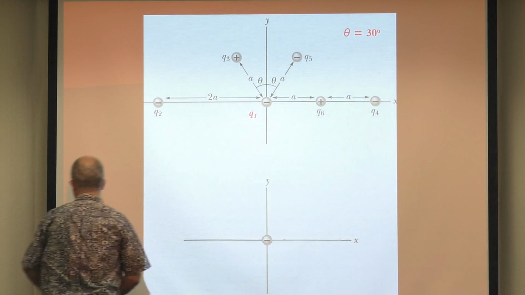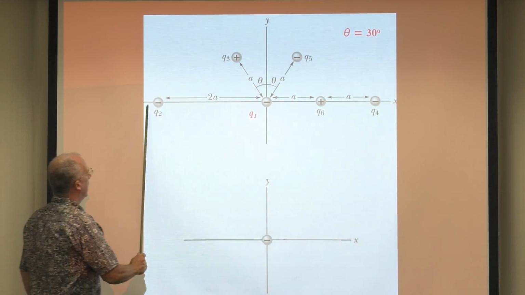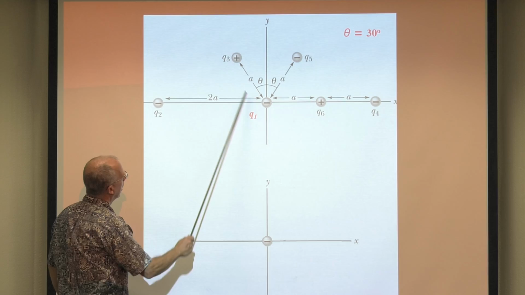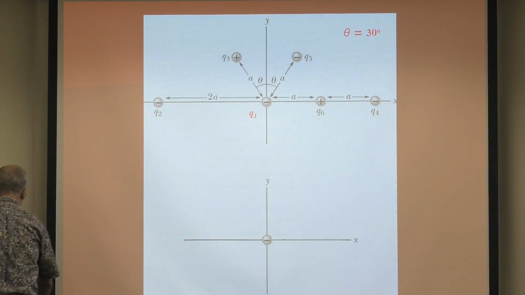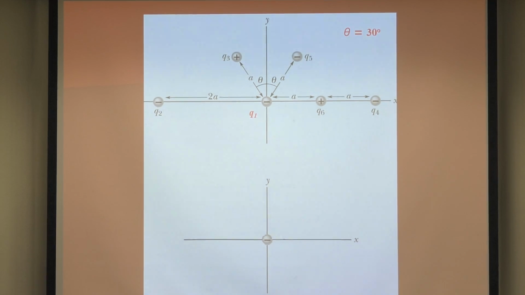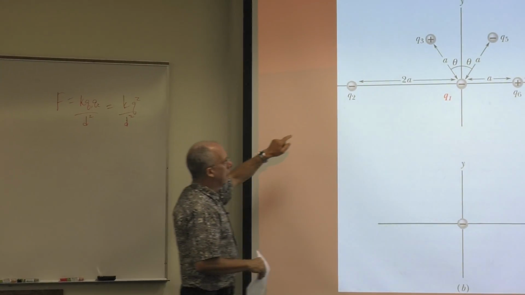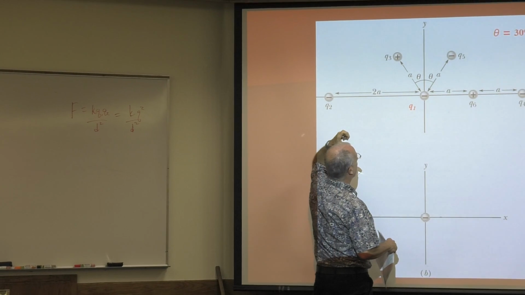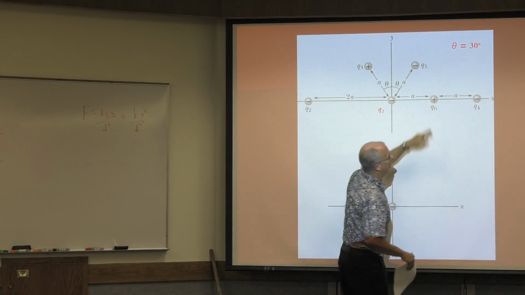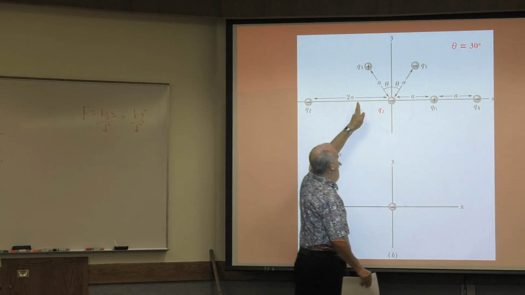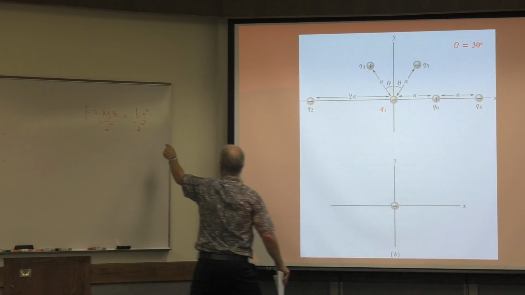Now look, here we have the charges that are 2A apart, and Coulomb's law is this over the distance squared. So this one is always going to be a fourth of this one, and that one, and that one, right? Because this is 2A, and that's A, and it's the distance squared.